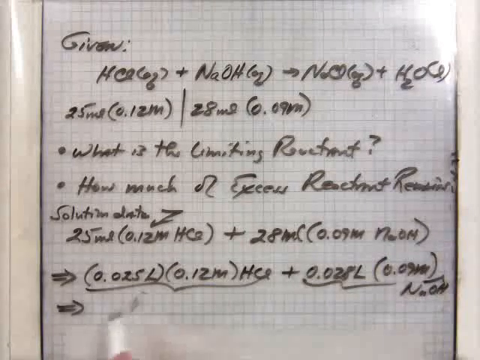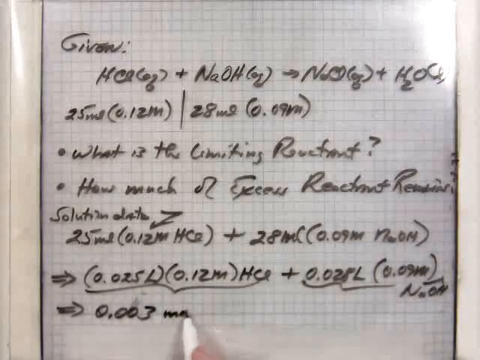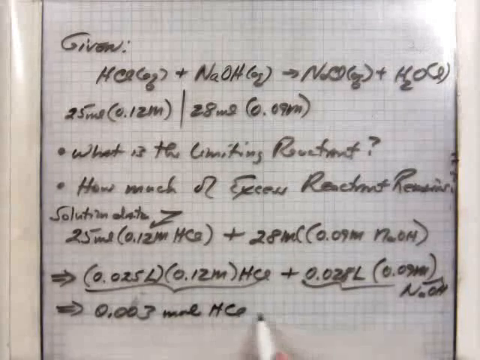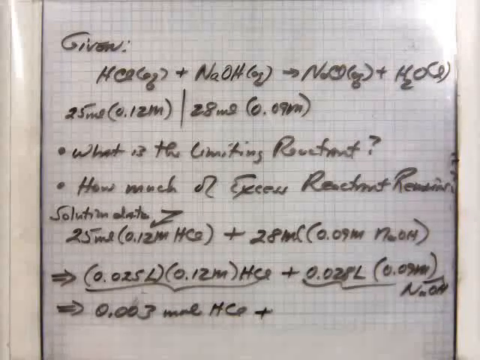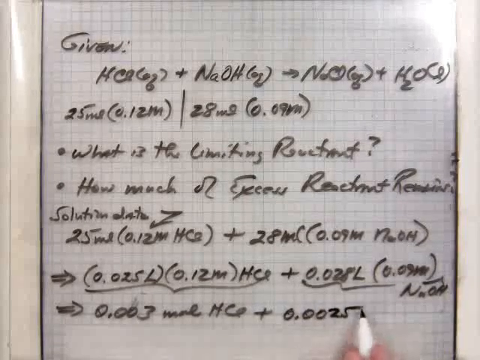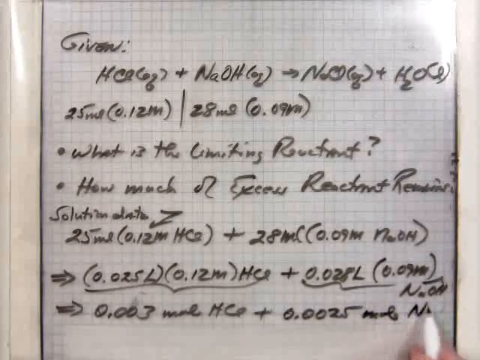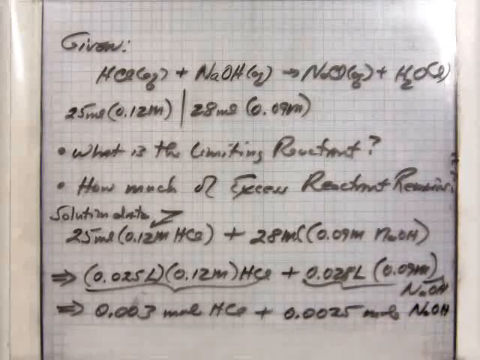See, this is your HCl and this is your NaOH. So we have 0.003 mole of HCl plus 0.0025 mole of the sodium hydroxide.